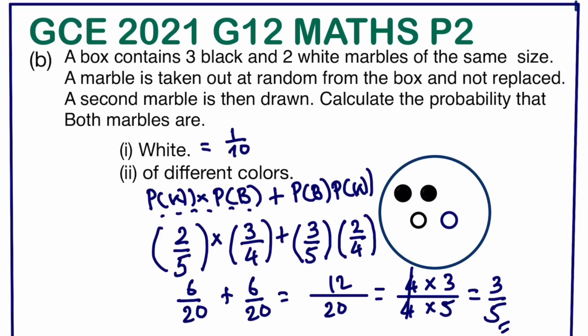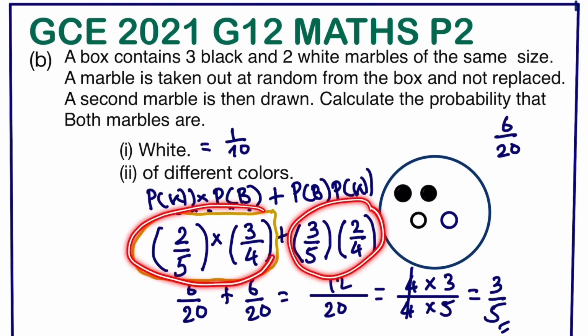But another way of doing this, if you want to do it fast and you don't have time, you can just do the probability of one of them and multiply it times 2. So for example, this one gave us 6 over 20, and looking at this one, you're going to see that you also have 6 over 20.